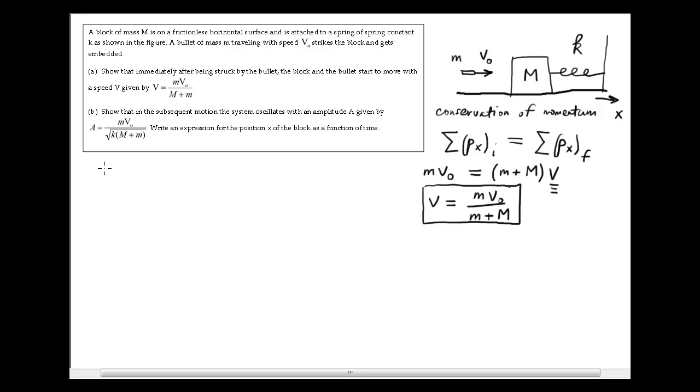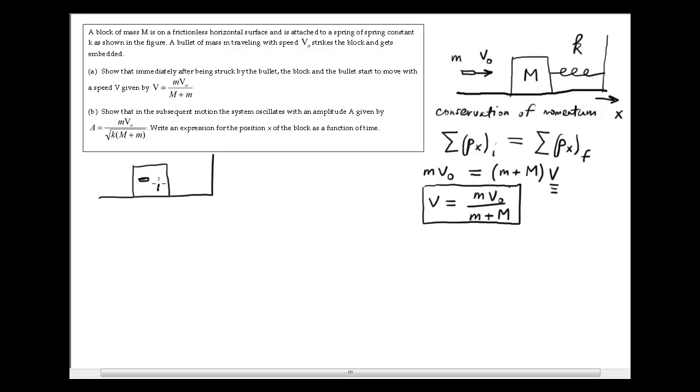So then what we've really got, and I'll just go ahead and draw another sketch just to make it clear, is just after the collision, and this happens so quickly because the bullet embeds itself inside the block.